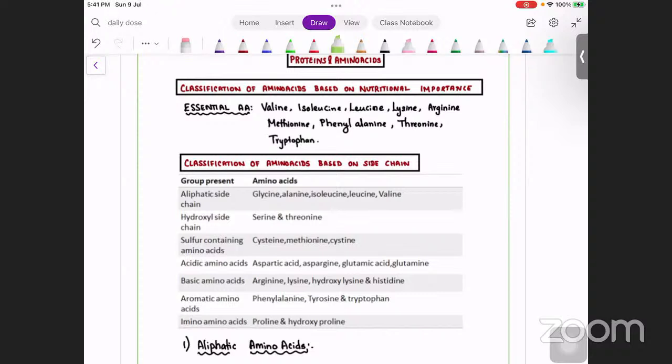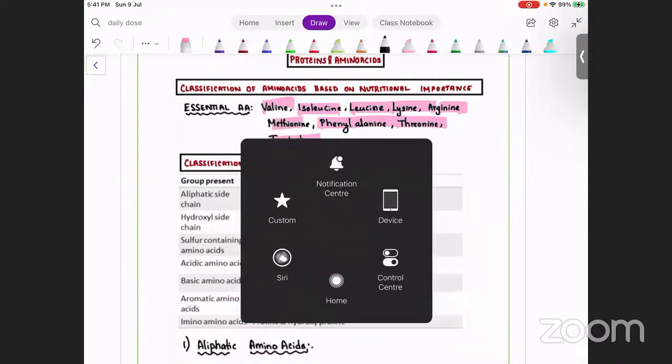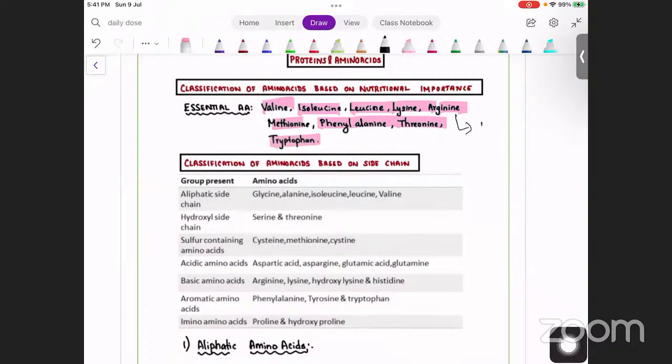So the very classical essential amino acids are valine, isoleucine, leucine, lysine, methionine, phenylalanine, threonine, and tryptophan. Among that, arginine is a semi-essential amino acid where part can be synthesized in your body. Very, very important MCQ.